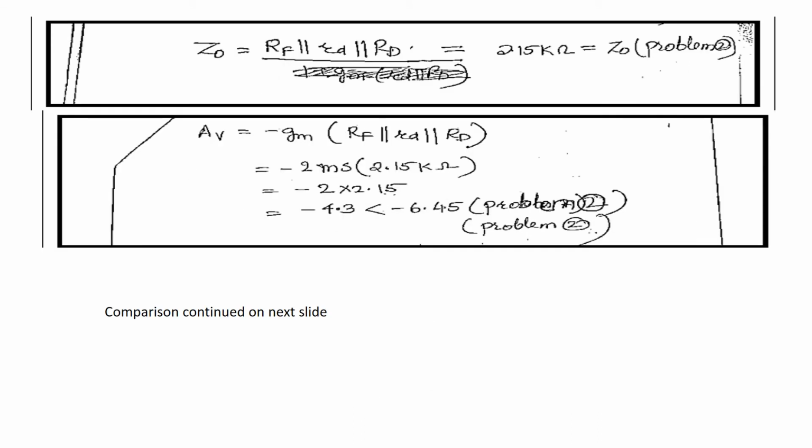Z0 is equal to RF parallel RD, which is 2.15, almost the same as when gm was 3 millisiemens. Voltage gain is minus 4.3, and it has reduced compared to when gm was 3 millisiemens.